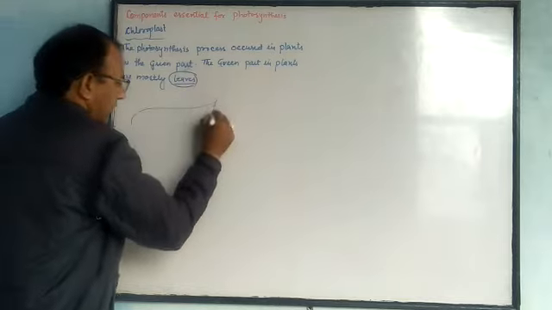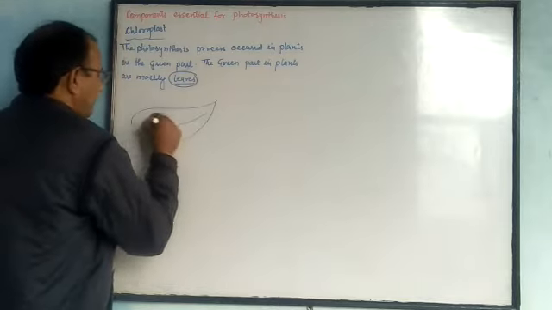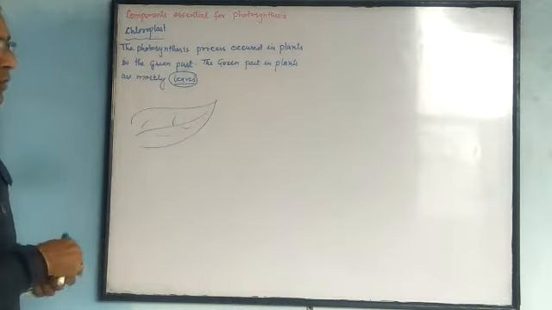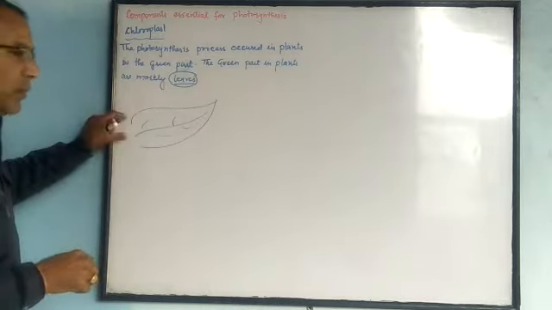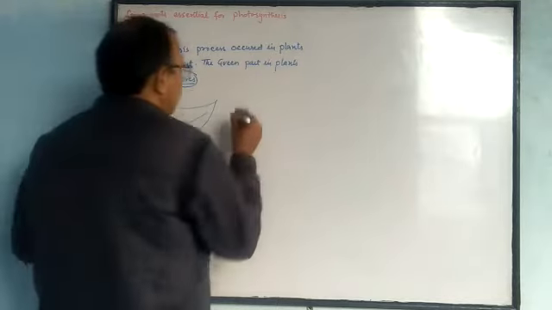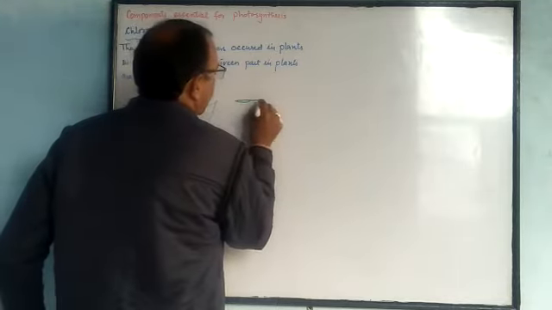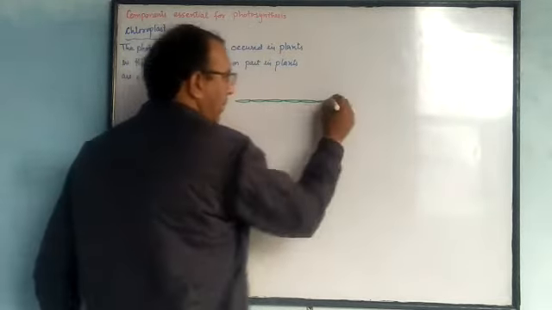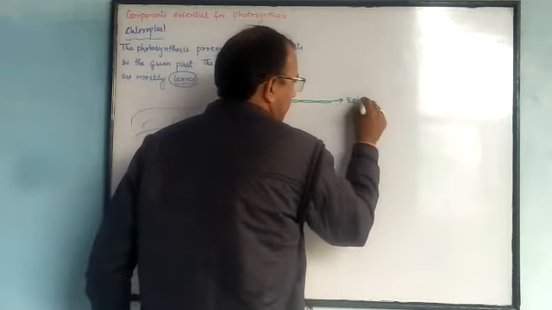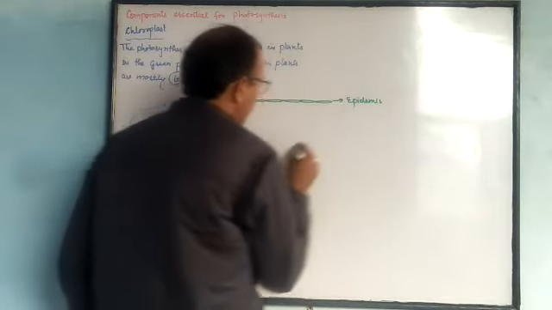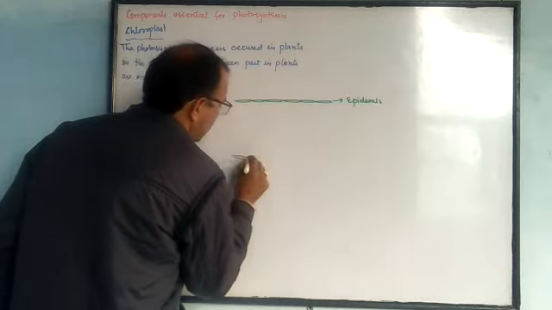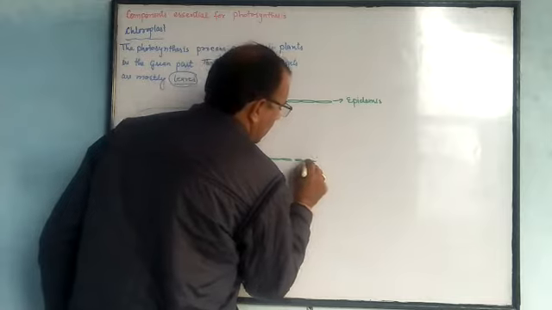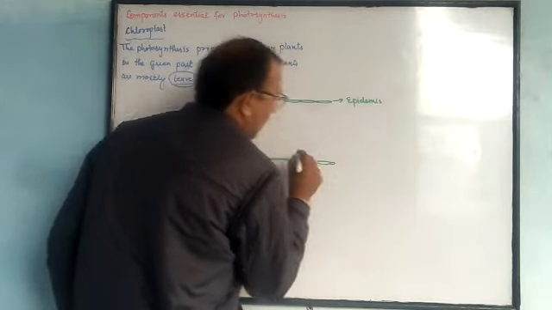Suppose this is the structure of a leaf. When we magnify the internal structure or anatomy of a leaf, we can say that a leaf contains an upper layer made up of epidermis, and a lower layer, the lower epidermis.